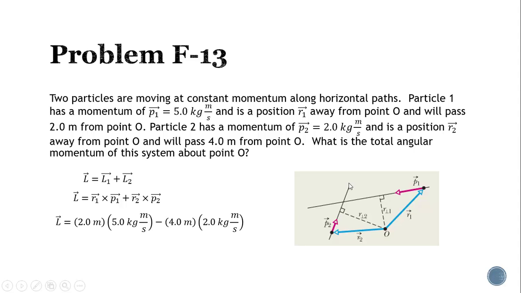They have opposite directions of angular momentum. If we do the math here, we get a total angular momentum of 2 kilogram meters squared per second. So there we go, we got the angular momentum of this system, and it's worth pointing out that as long as these two particles move at this constant momentum along these horizontal paths, this number doesn't change.